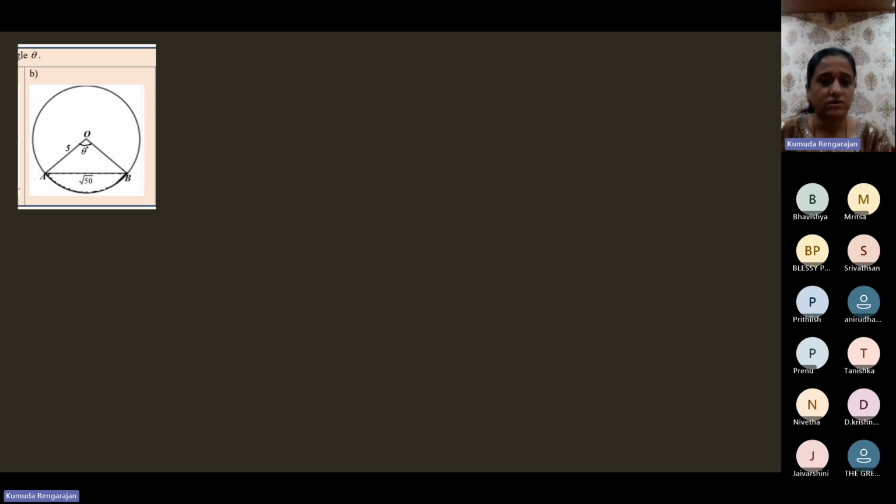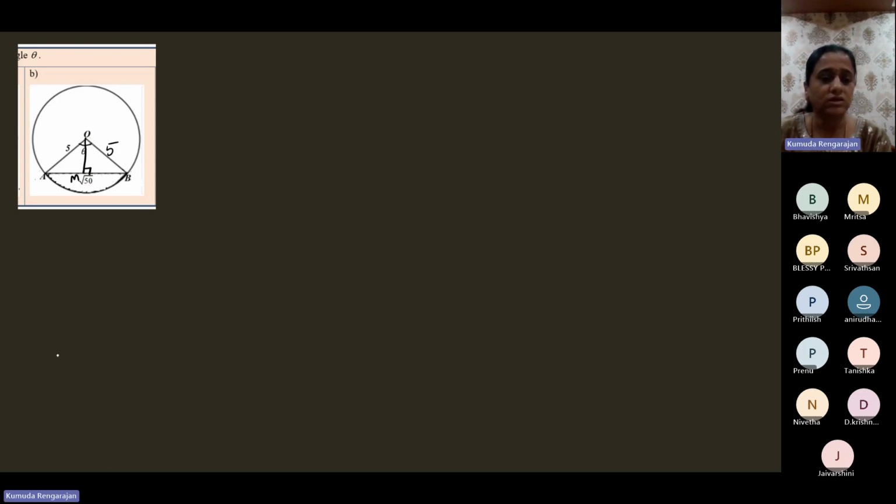For the second one, we actually use the converse of Pythagoras theorem. You can also use trigonometry here. Trigonometry you can always use. So here you drop OM perpendicular to AB. This is 5. This is also 5.